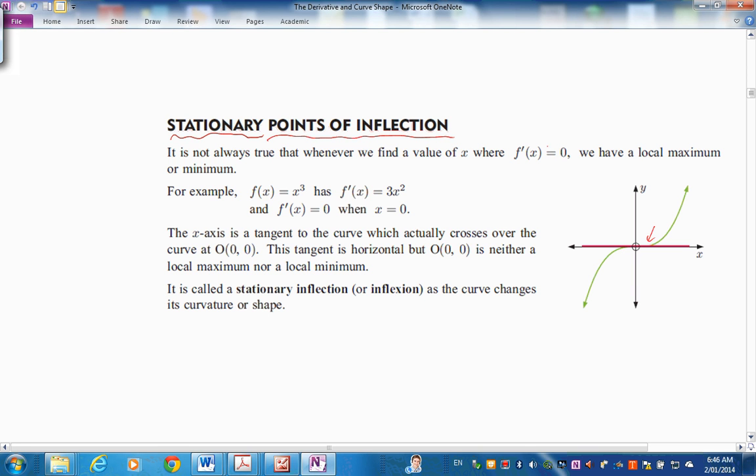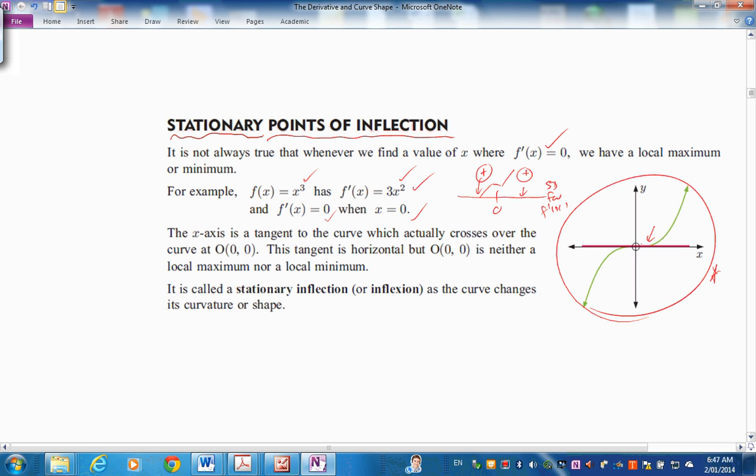Okay, so when the derivative is 0, we have to check the signs on either side, because here's x cubed, we've done this, 3x squared, derivative is 0 when x is 0, and if we drew a sign diagram for f dash x, forgetting the graph, stick in -1, it would be positive in here, stick in 1, it would stay positive, which means it's coming up, flattening and going on. So that's the idea here.